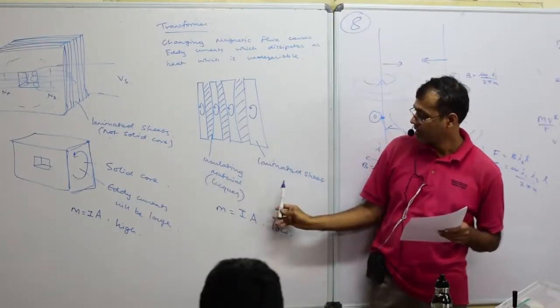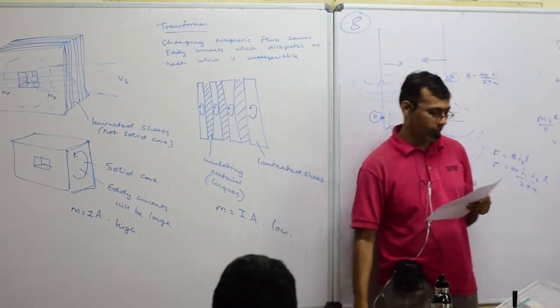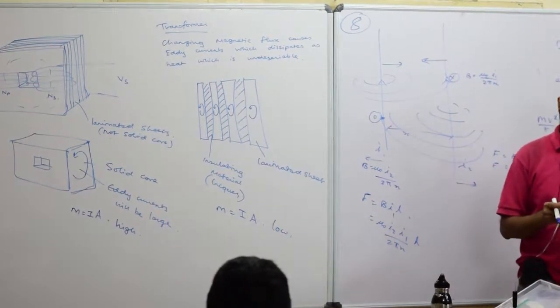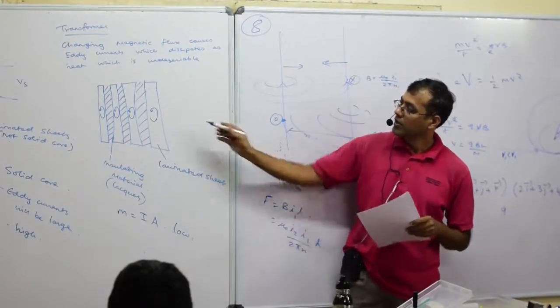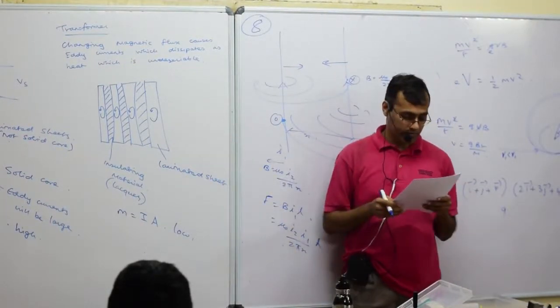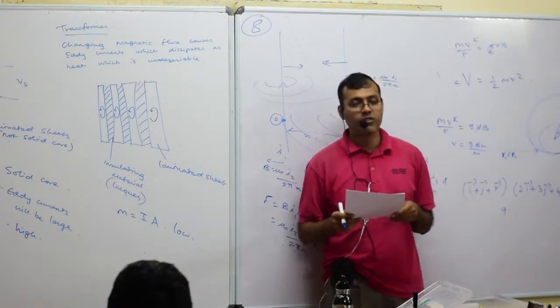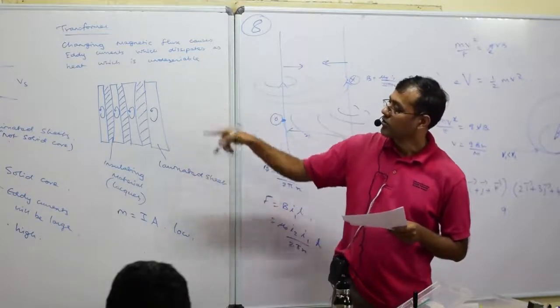Because of that, they have found that there are low eddy currents and it will reduce your eddy current losses. Okay, so you have to explain that because of this, the eddy current losses will be lower. Is this clear? So this is what they will ask you about transformer-based eddy currents.